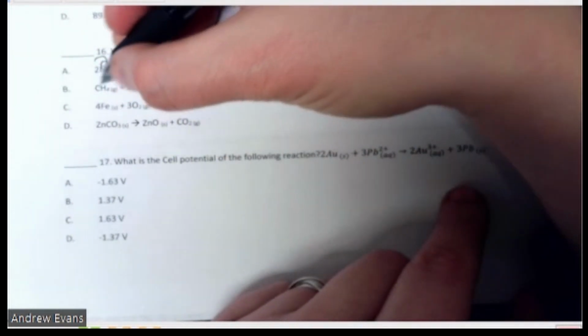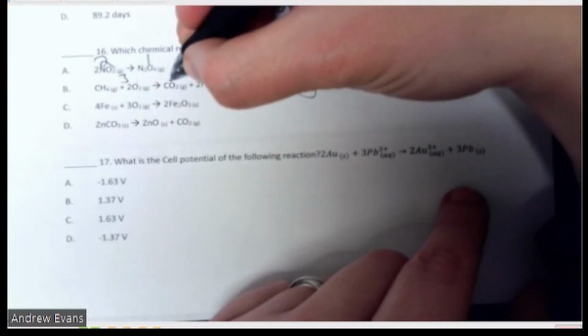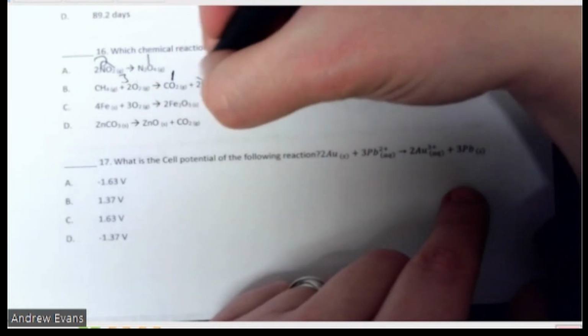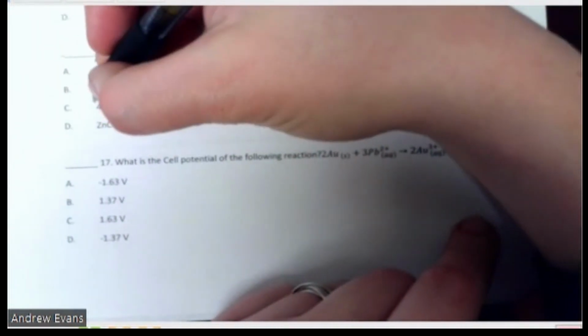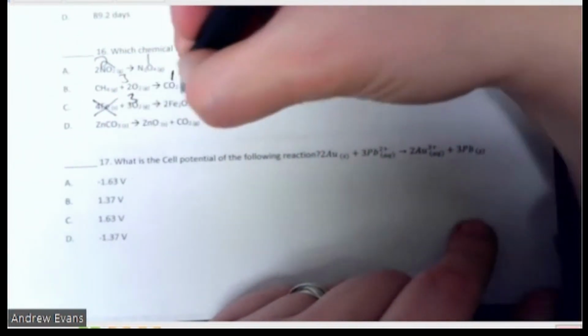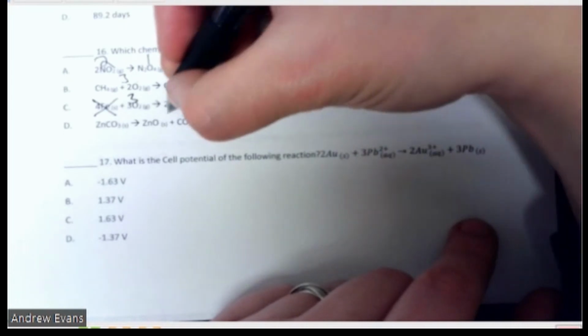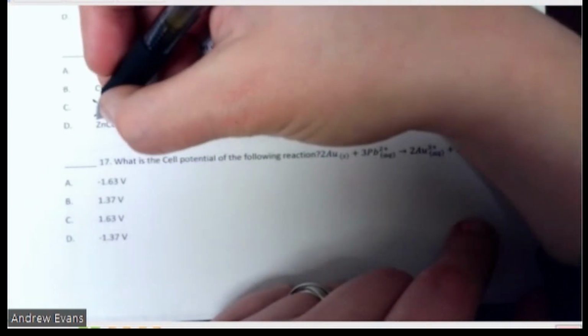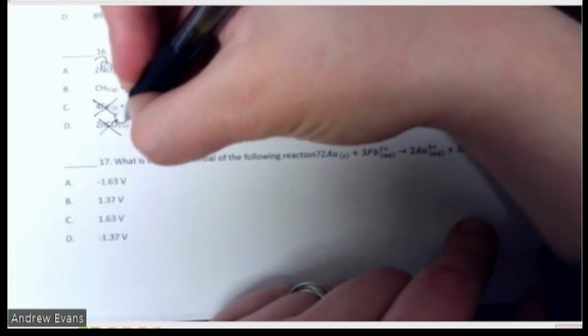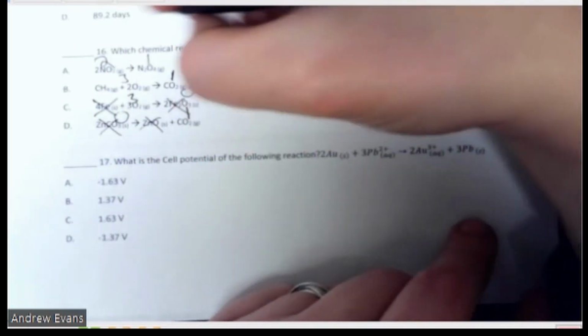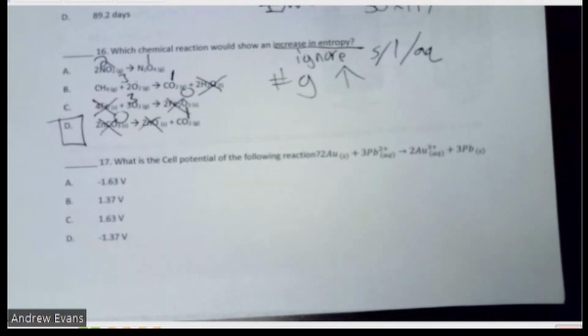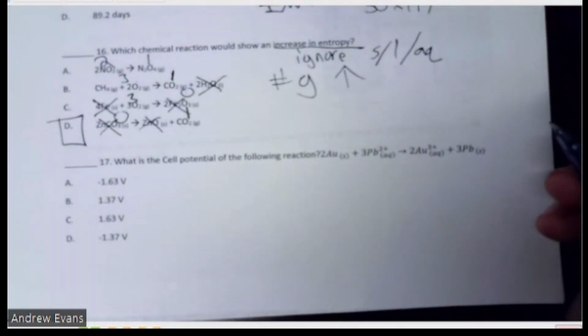We have 1 plus 2, 3, 1, and we can ignore the liquid. We ignore the solid. 3 goes to 0. 0 goes to 1. 0 goes to 1.